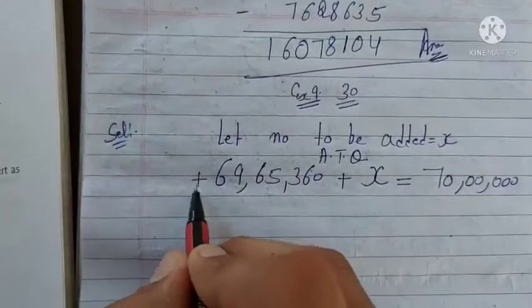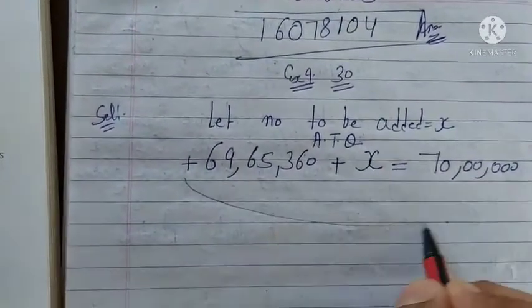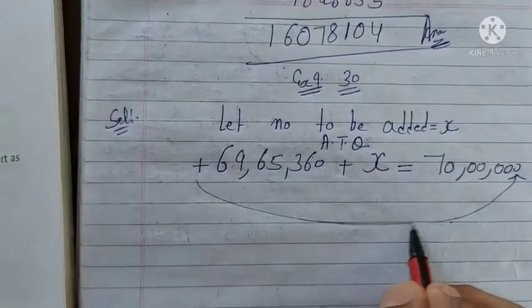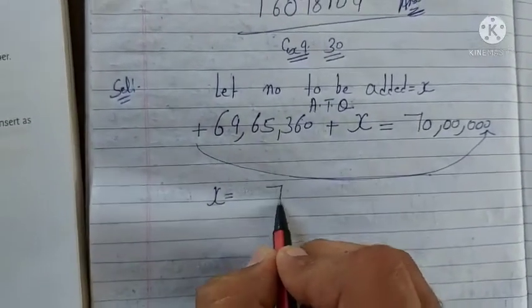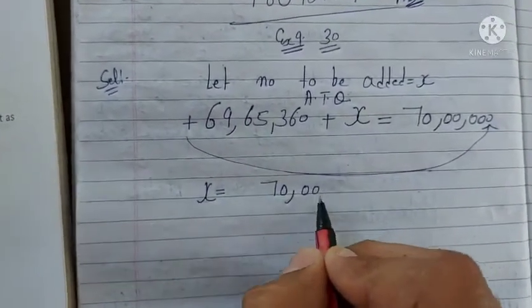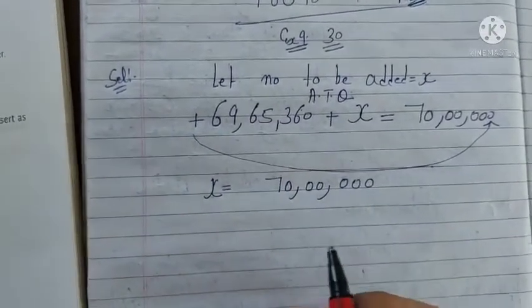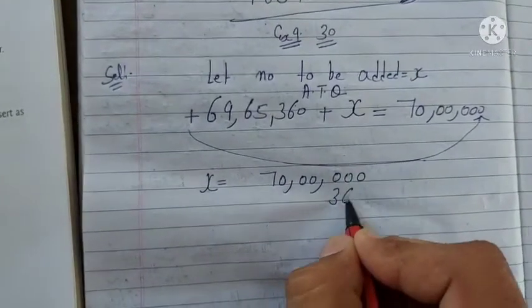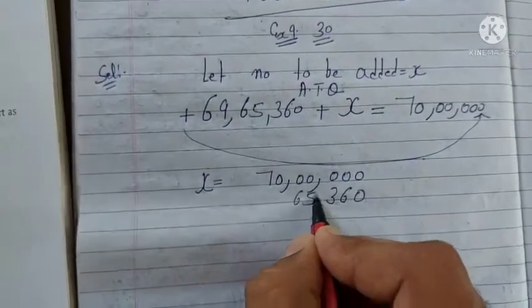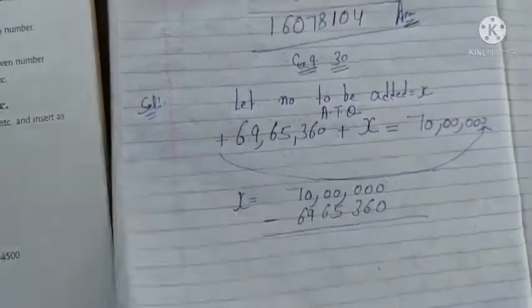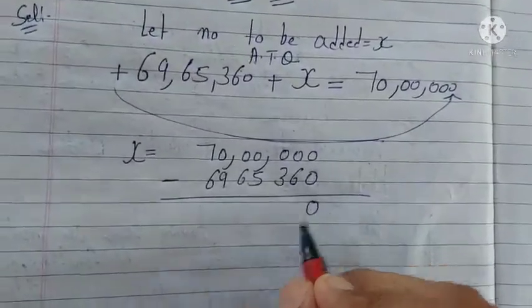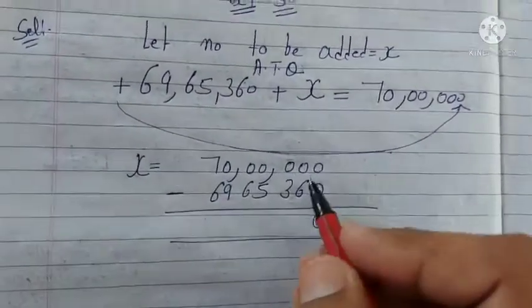So here it is in the plus mode. If it goes to that side, it will become subtractive in nature. So x is equal to 7 0 0 0 0 0 0 minus 3 6 0 6 5 6 9. It would be in subtraction mode. Now you subtract it. 0 would be there.